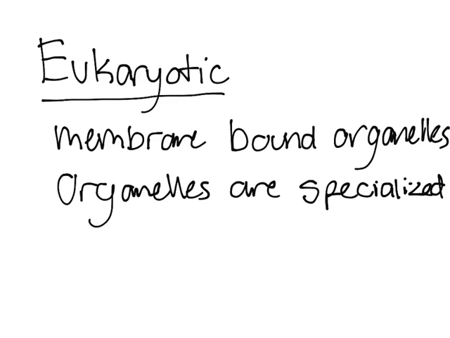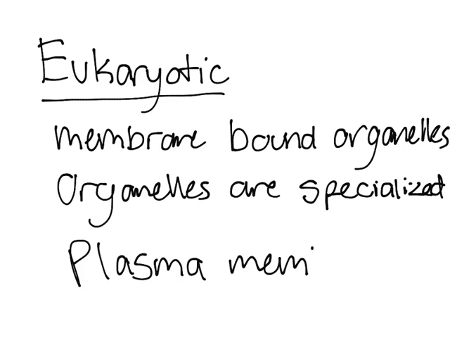An important thing about eukaryotic cells is they have a plasma membrane, which is the outer layer of the cell, essentially surrounding and protecting the cell. As you'll learn, when you talk about the plasma membrane, most of the time you'll refer to a phospholipid bilayer, and we'll get into the different types of organelles and that in another video.